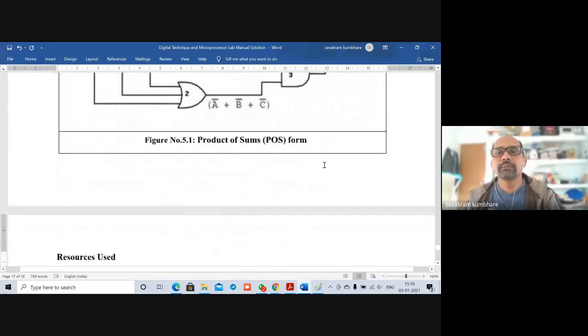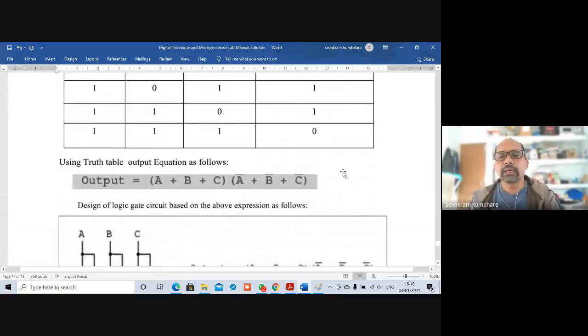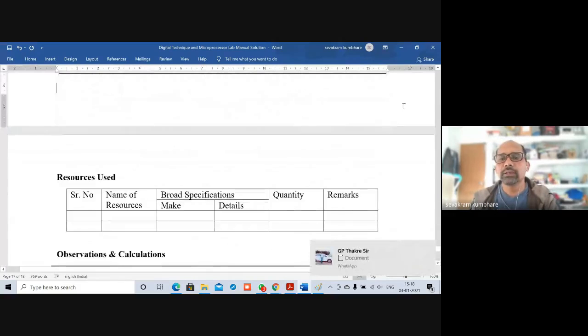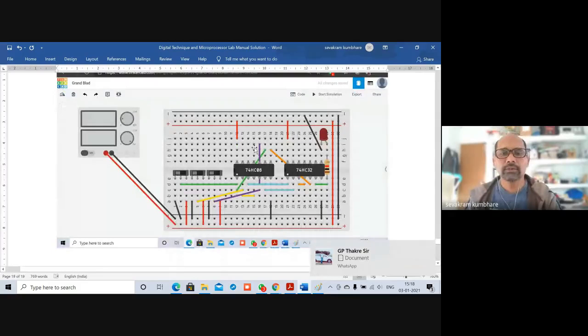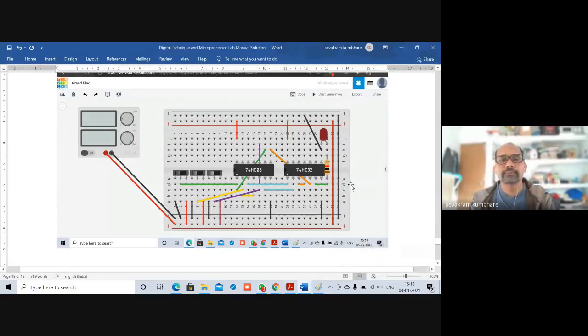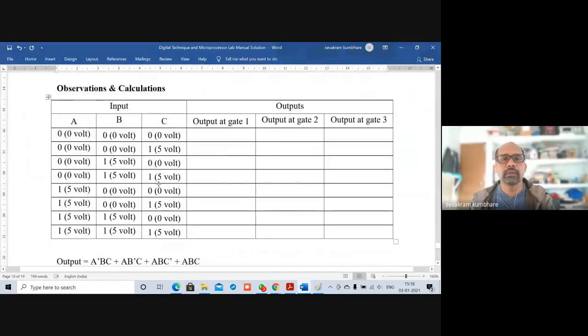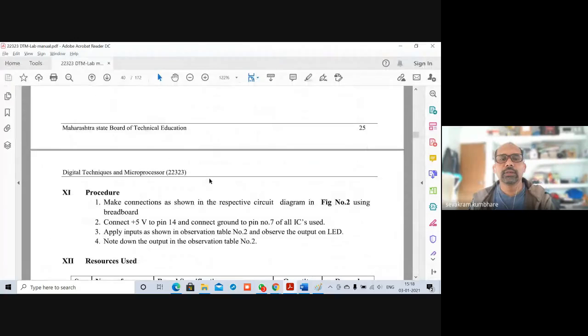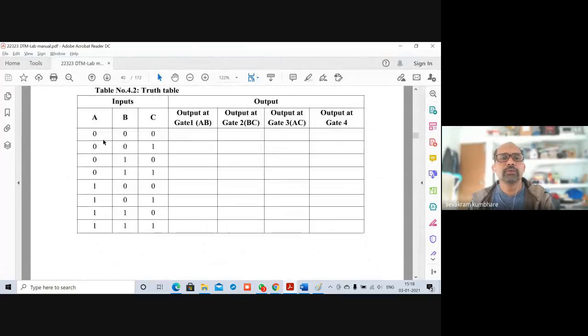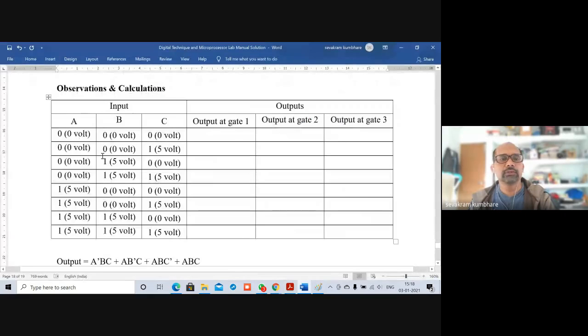Okay, this is a different one. Fifth experiment I copied and so this is the diagram. Now let's check out this one. So I'll correct this with the help of this manual. So input 0 0 0, 0 0 1, 0 1 0, 0 1 1. So this is there. Okay, so if I don't use this, doesn't matter.